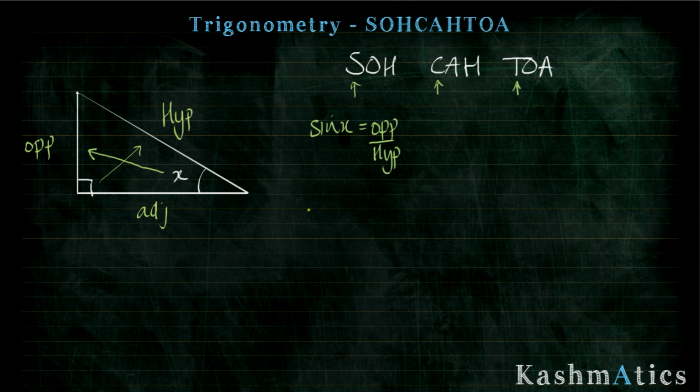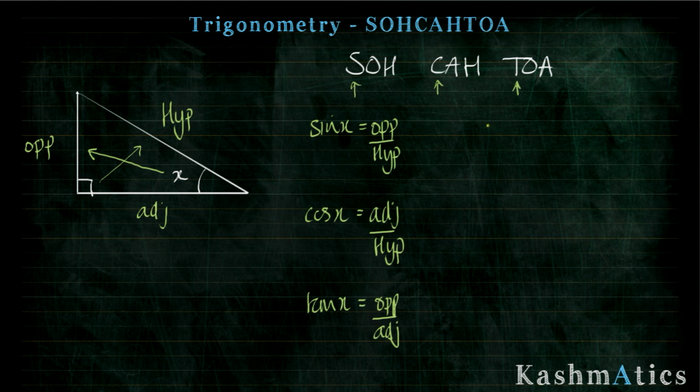The cos of the angle, so cos x, would equal the adjacent side divided by the hypotenuse, and tan x would equal the opposite side divided by the adjacent side. So it's really important that you can understand how to label the triangle and also understand how you can use the acronym to get these ratios.